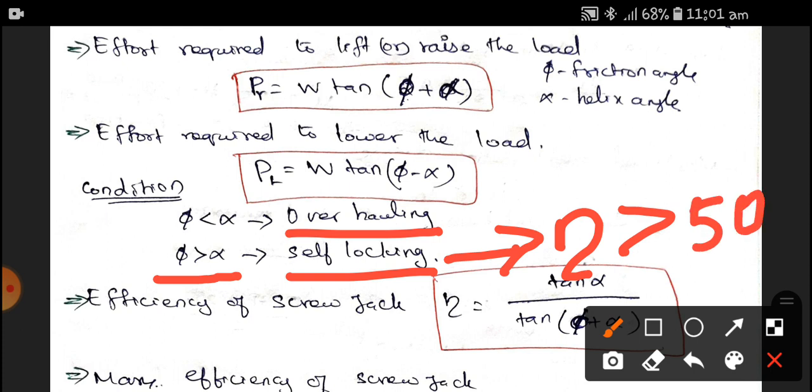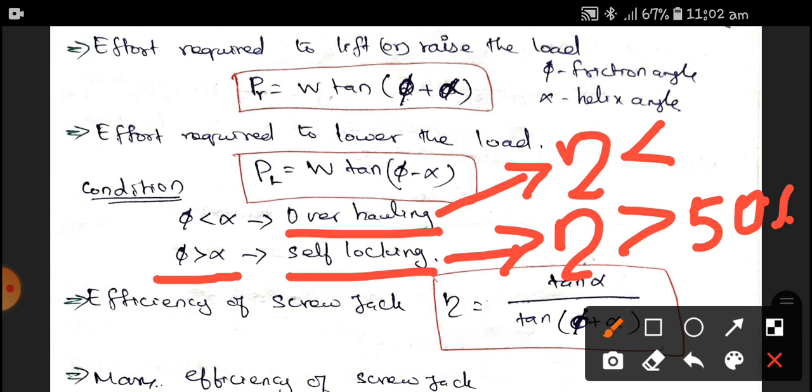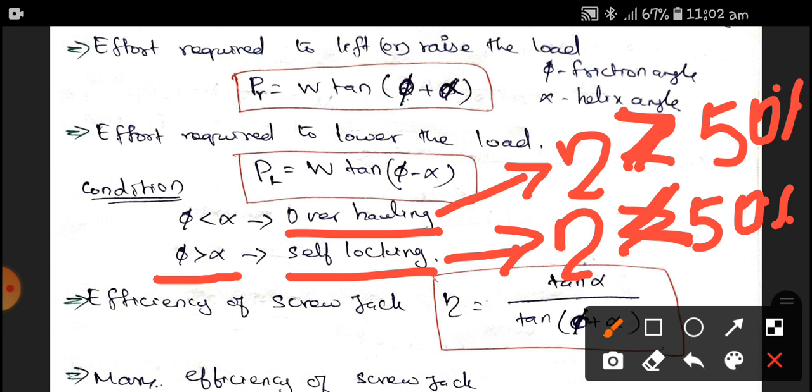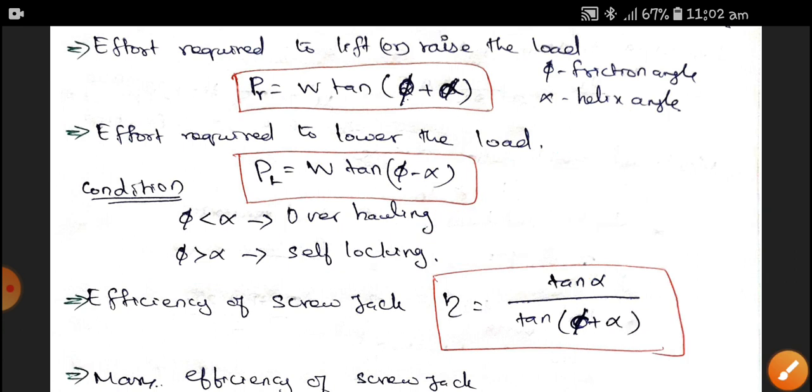When it is overhauling, the friction angle is less than the helix angle, and the efficiency is more than 50%. Sorry, I made a mistake with the symbol. If the efficiency is more than 50%, it is said to be an overhauling screw. When the efficiency is less than 50%, it is called a self-locking screw.